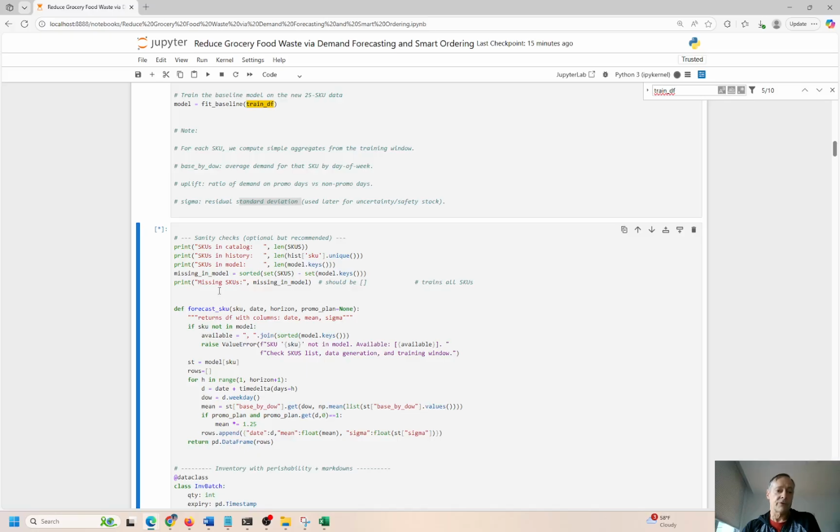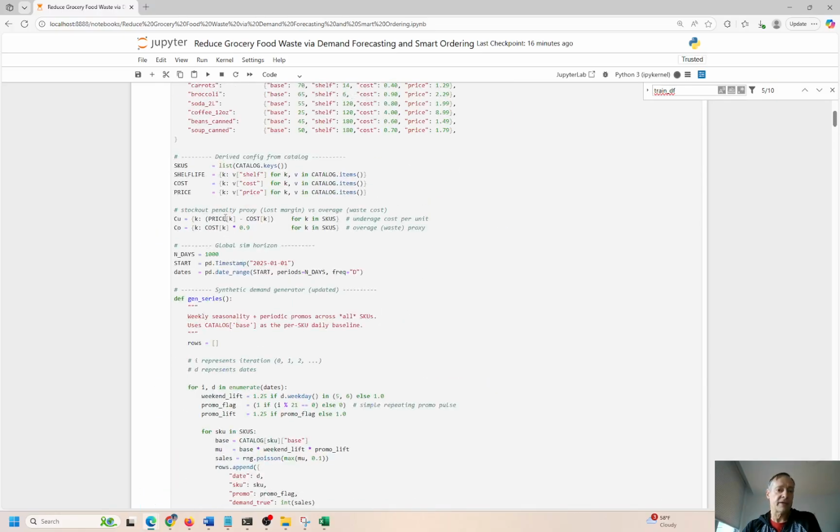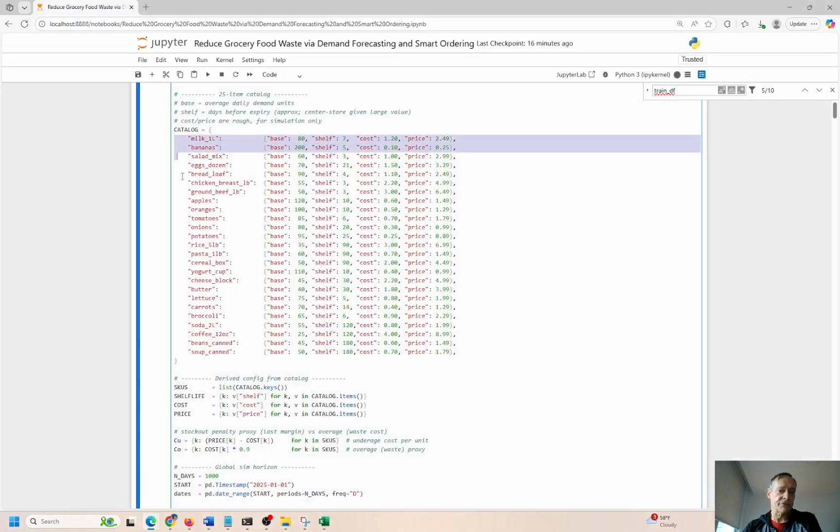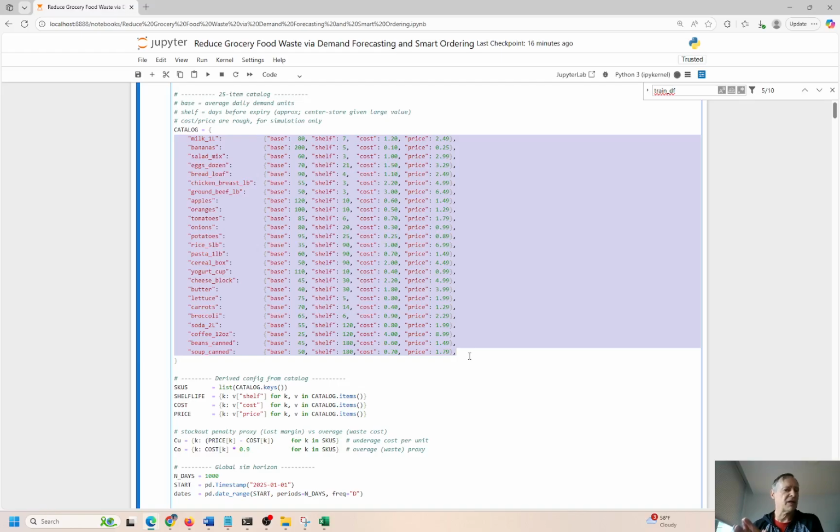So we want to understand all the SKUs in each category in the history that we're using for the training and feeding into the model based on the history, okay? So again, we have 25. The SKUs come from this list over here. This is certainly not comprehensive for any grocery store. I just came up with a list of 25 items that are pretty common that you would see in basically any grocery store.